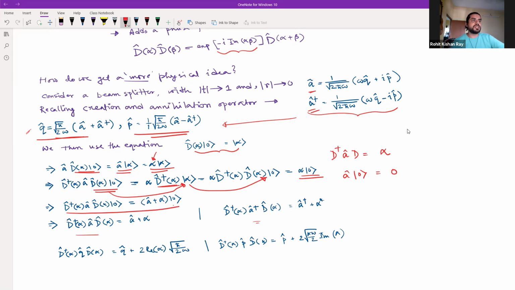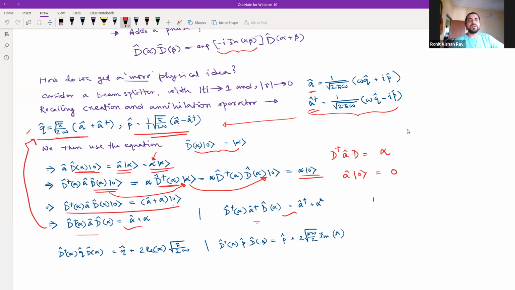Once we have this relation, we can generalize it for A and A dagger as well. Now look at this. We have an expression for D dagger A D, and an expression for D dagger A dagger D. Why do we need these two expressions? Because we need to solve for this.